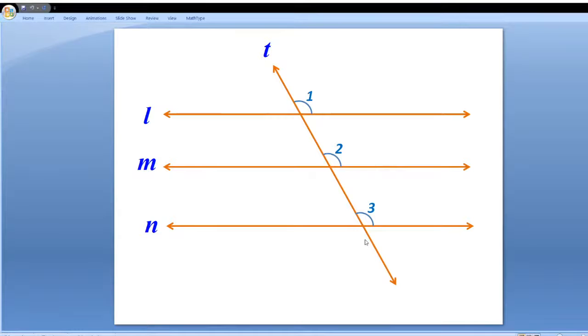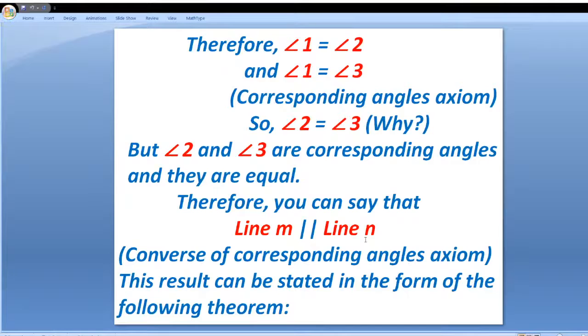Three lines L, M, N. N is parallel to L, M is parallel to L, T is the transversal of these three lines. So then whether M and N are parallel or not.